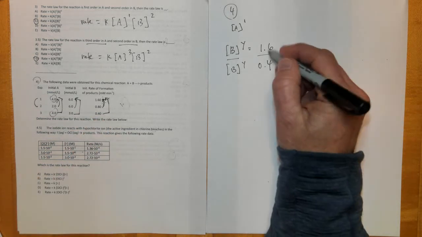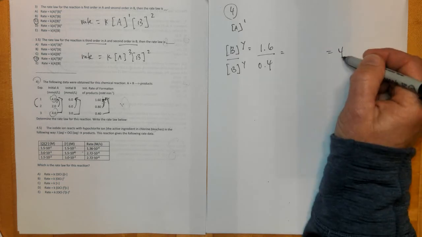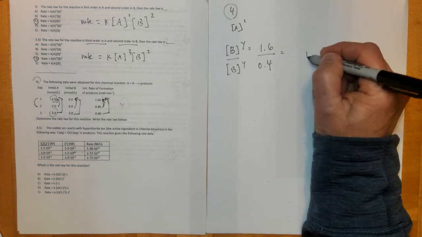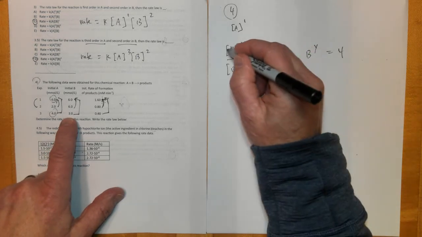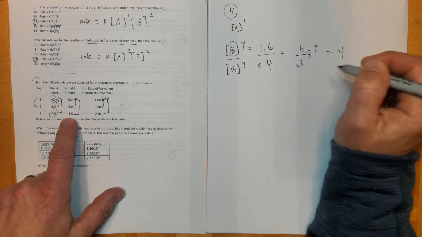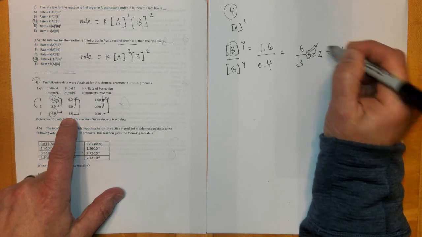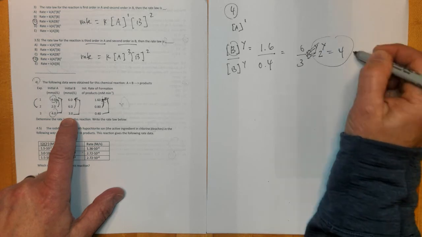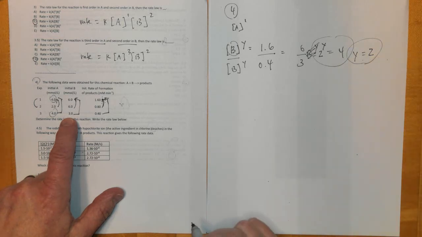And so 1.6 divided by 0.4 is 4, and then B has to be to some power here, and this is 6 divided by 3, which is equal to 2. So 2 to some power y is equal to 4, y equals 2, or the exponent for B.